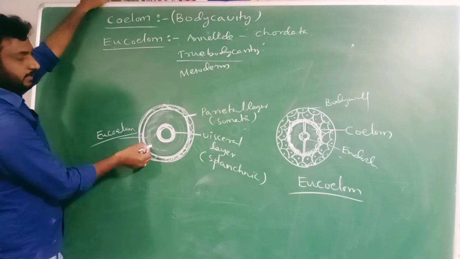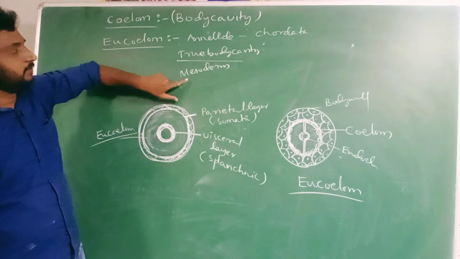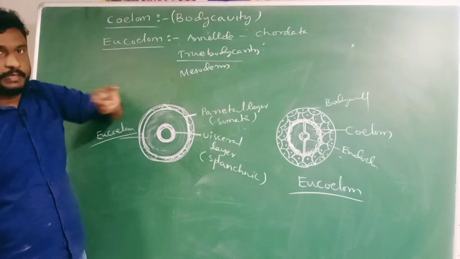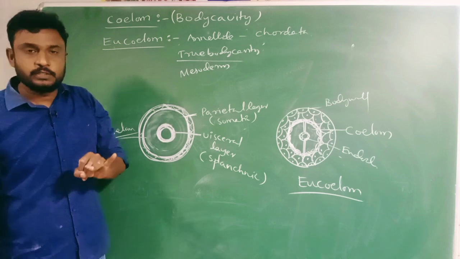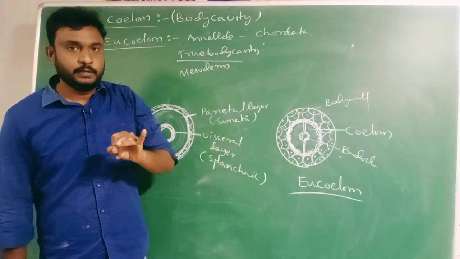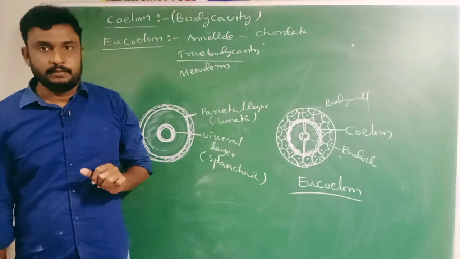But in the eucoelomates there is a true body cavity, which forms from mesoderm. In acoelomates, mesoderm gives rise to parenchymal tissue. In pseudocoelomates, mesenchymal tissue is produced by the mesoderm, and at some places only cavities are present, not a true body cavity.